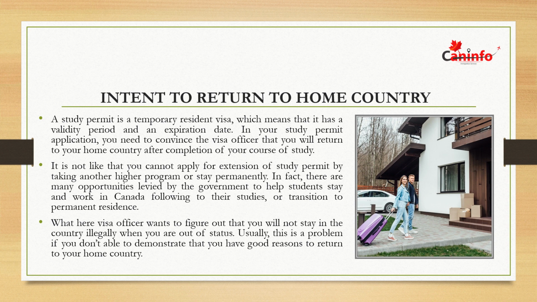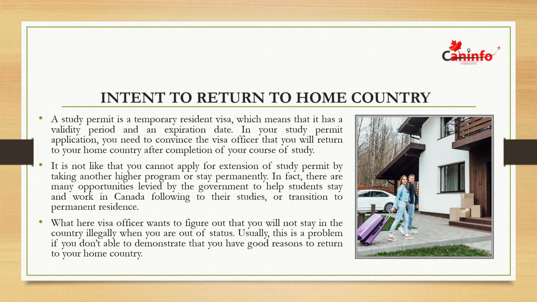So you should stay there legally, not illegally. That is what you need to convince the visa officer of: that after completing your studies, either you will be coming back to your home country, or you are staying in that country in a legal manner, not an illegal manner. If you would be able to convince, then it is good to go. There are fair chances that your visa will get approved, else your visa may get refused.